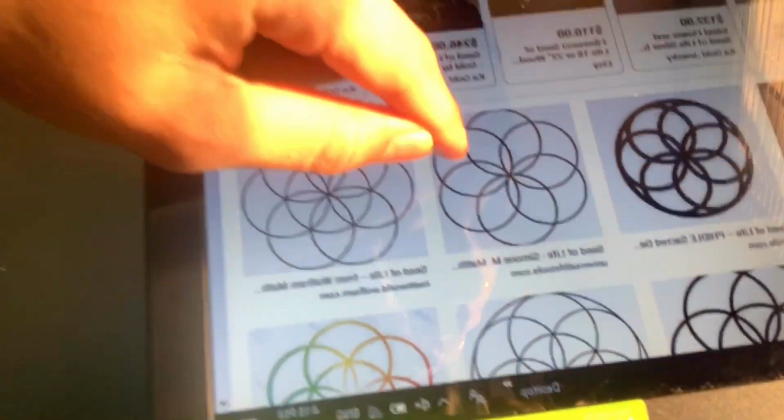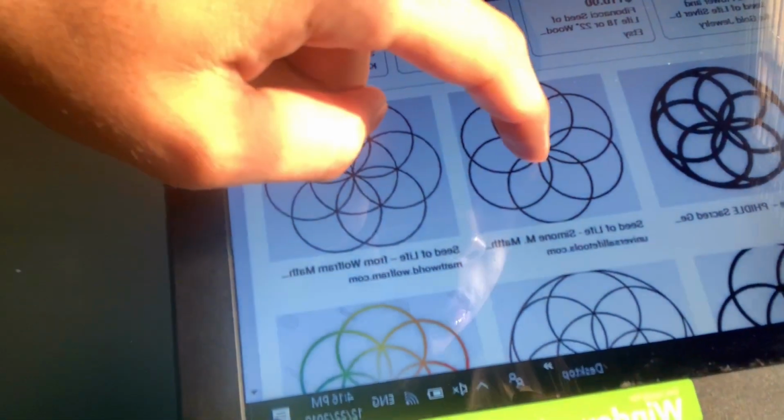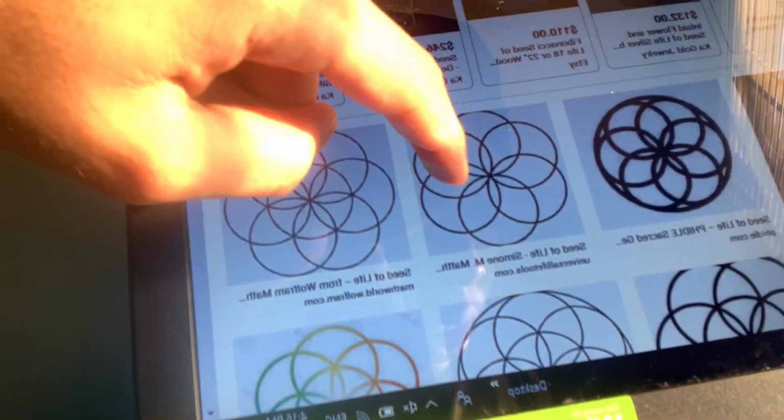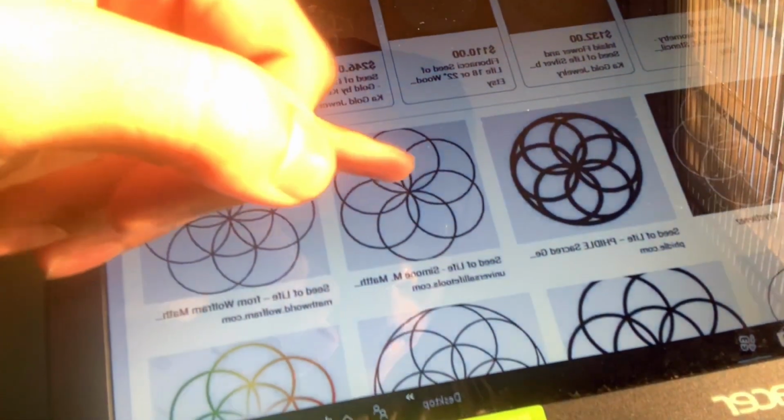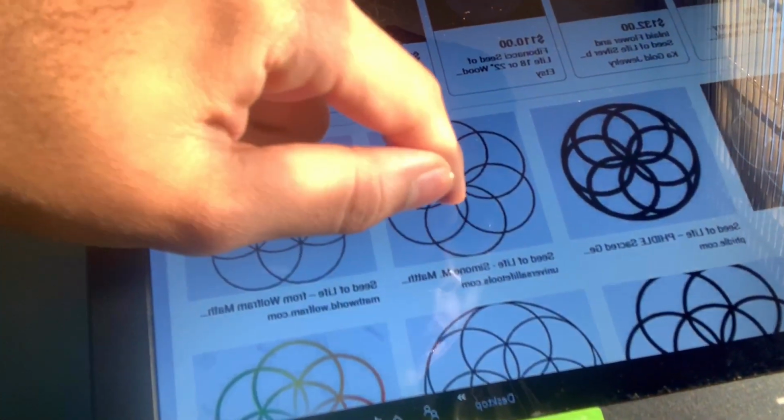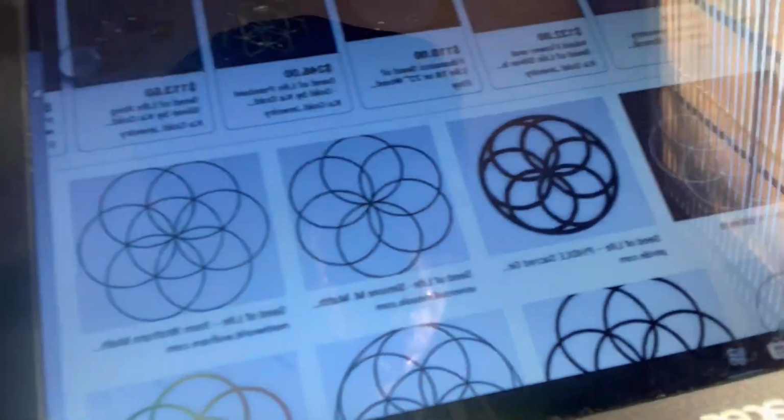Boom, boom, boom. Oh wait, y'all can't see that. Boom, boom, boom. That is the peace symbol right there. Now, if you ignore these two and you just draw it like that, you can see the peace symbol that we see every day, right? That's the original peace symbol. This is where it comes from. The seed of life, the tree of life. And it also comes from something called, I'm about to show y'all.